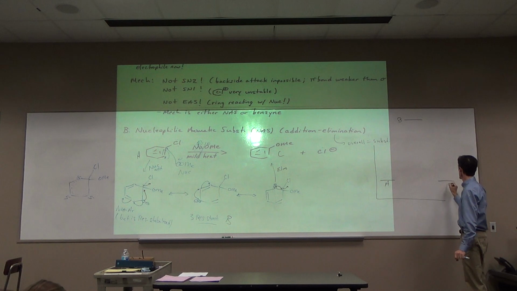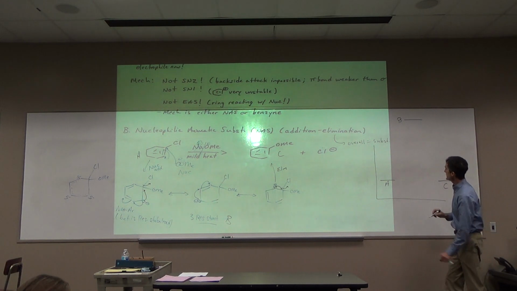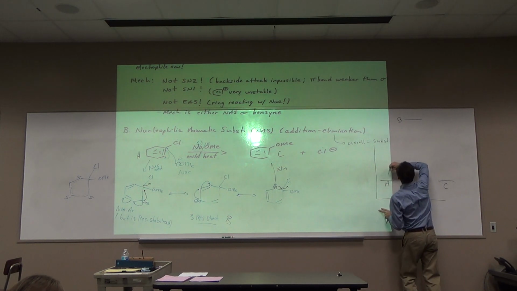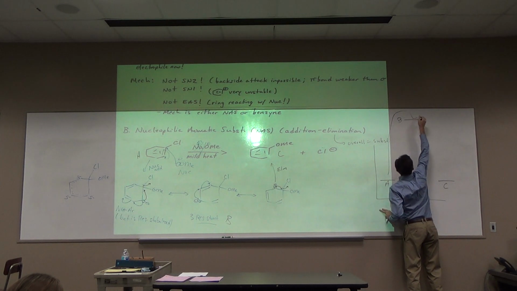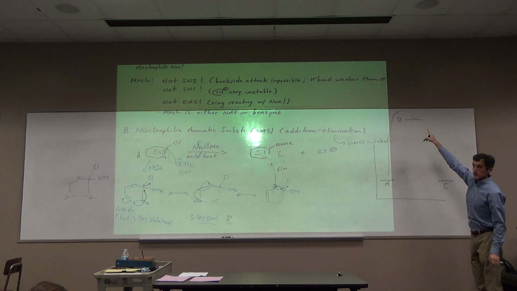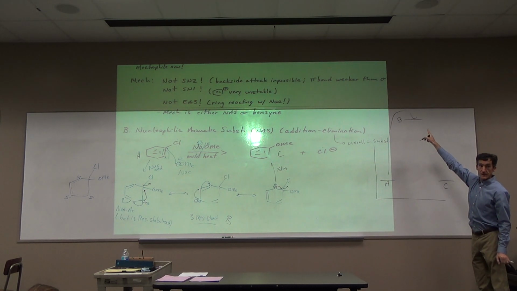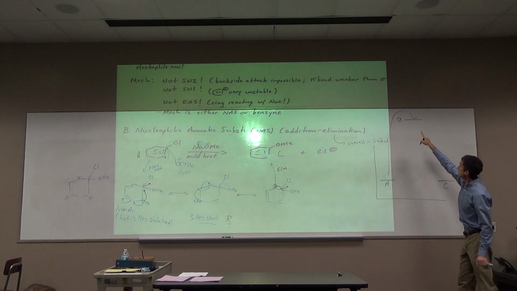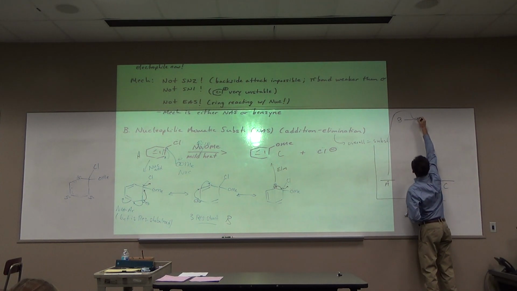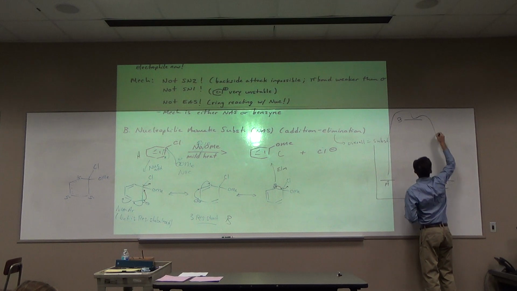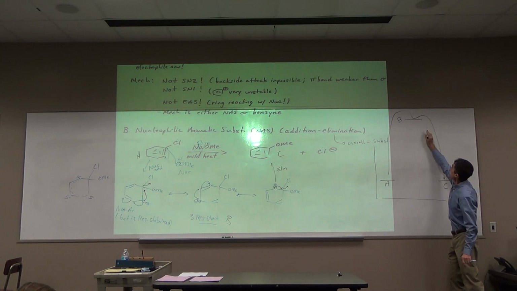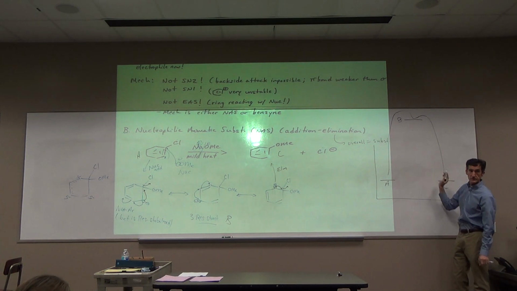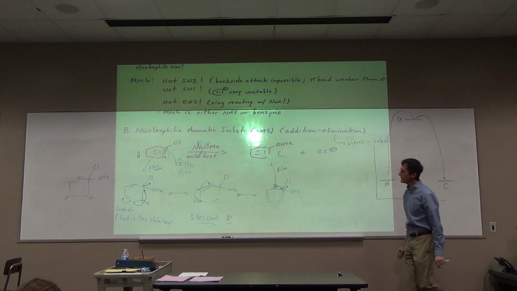Here we go. I need some activation. I need a transition state complex, activated complex, activation energy. And then from here, it doesn't take much activation energy to fall downhill, does it? Which one's the rate determining step?